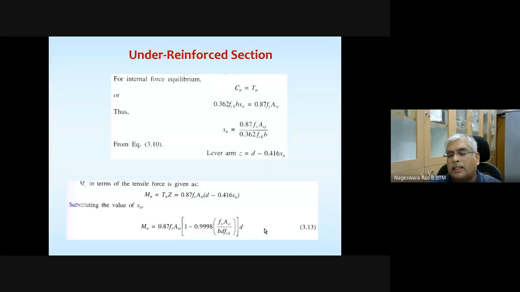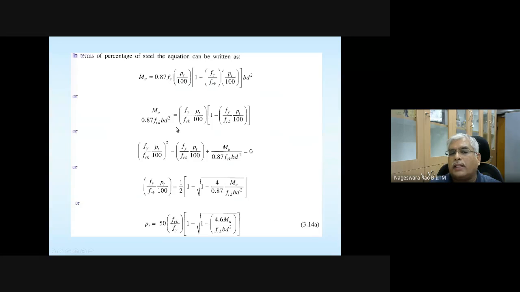And now let's manipulate this equation further. This is what I'm saying: Ast divided by bd, wherever it is there, replace with pt divided by 100. Then you are going to get this equation. And now you can see this entire equation is quadratic in terms of pt.